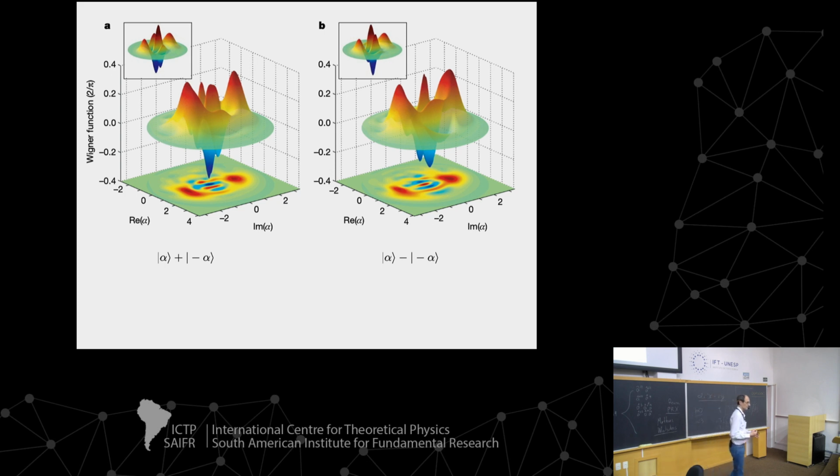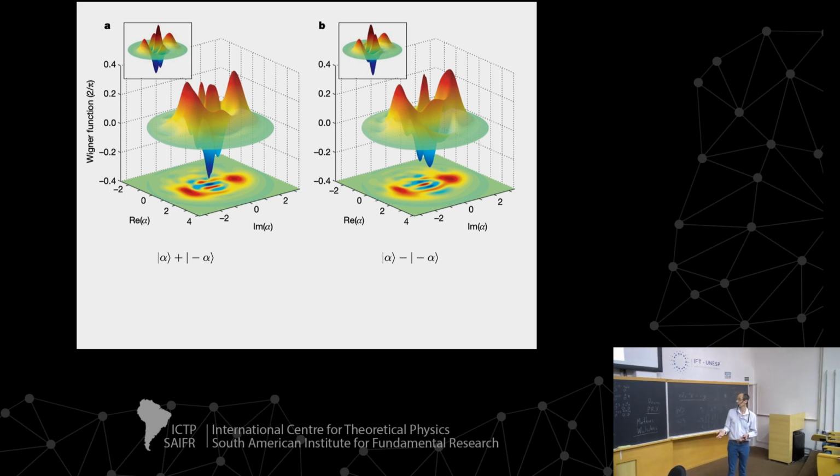And some characteristics of those functions will tell you if your state is useful for something: either quantum communications, information processing, or quantum measurements, where you count on quantum features to improve the outcome.